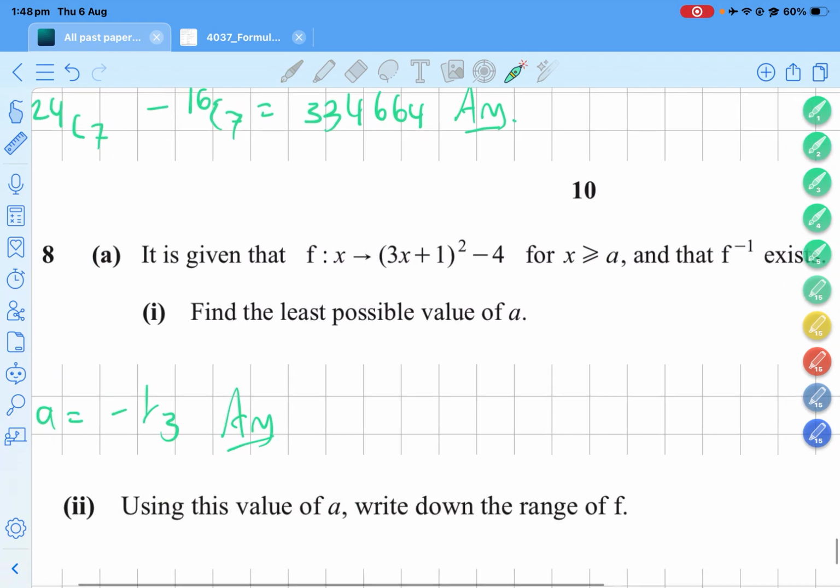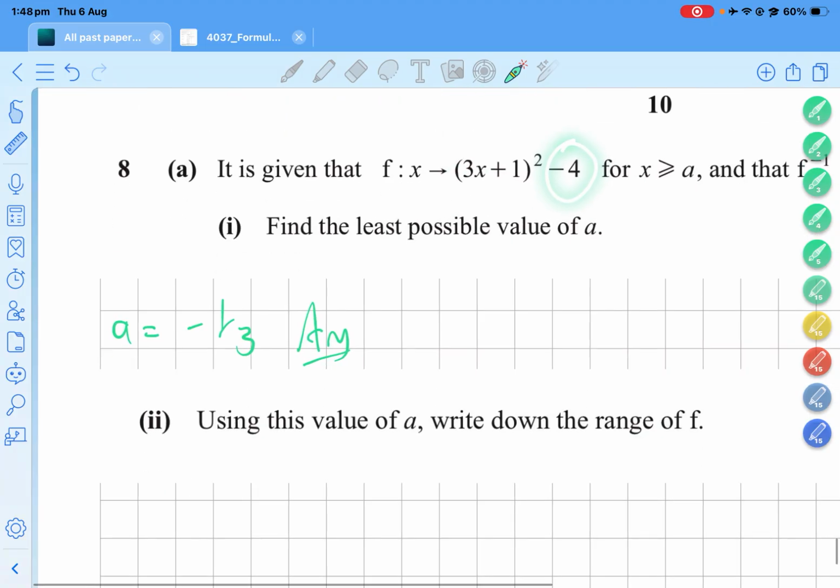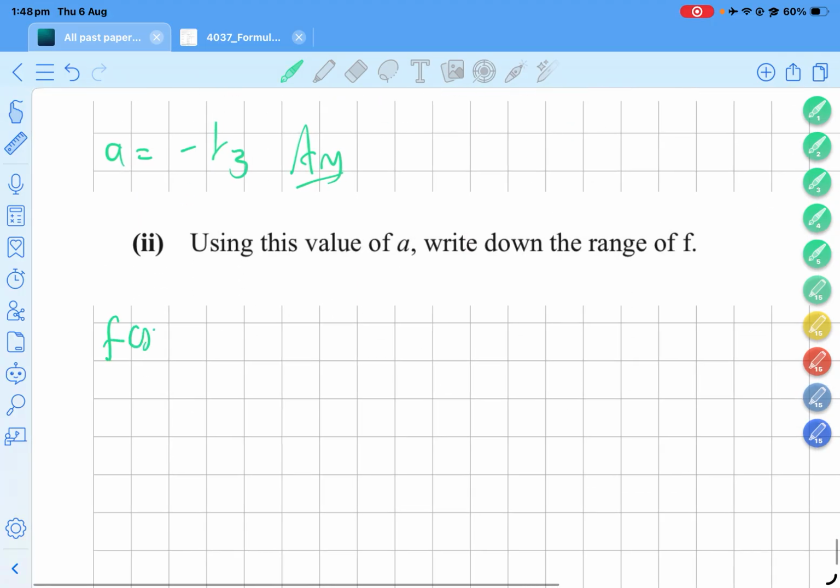So all of this was 0, so it must be f of x greater than or equal to minus 4.